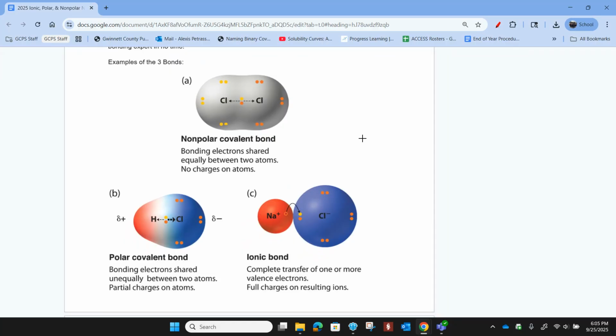So nonpolar. If you look at these bubbles, it looks equal. Like if I cut it down the middle, as close to the middle as I can get, both sides are the same amount. They're the same roundness, same size. That's just talking about equal electronegativity.